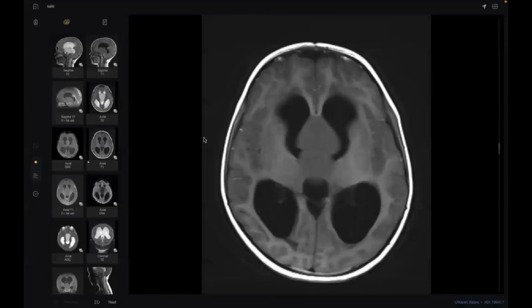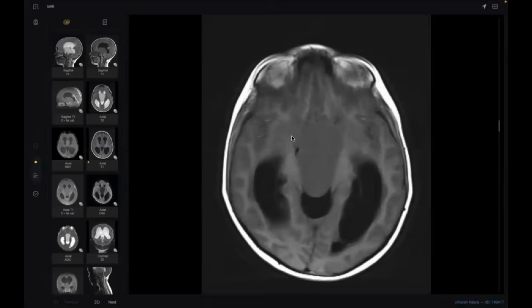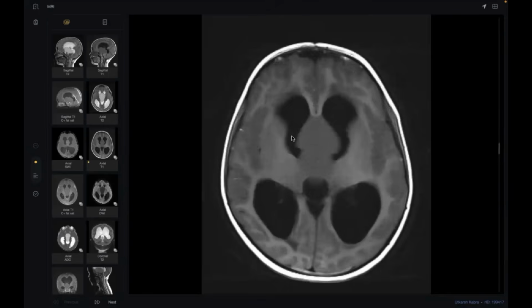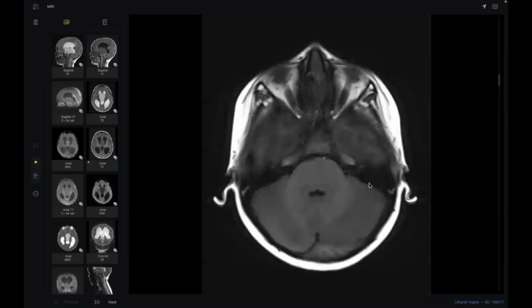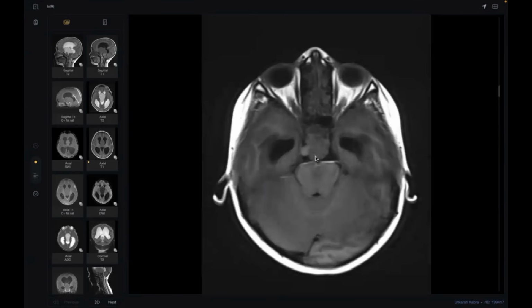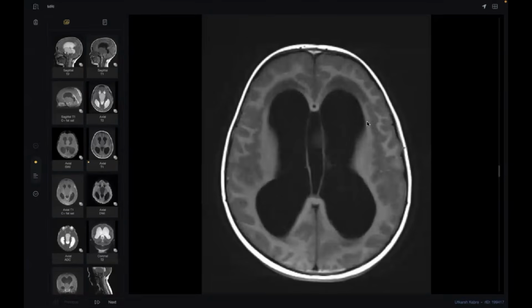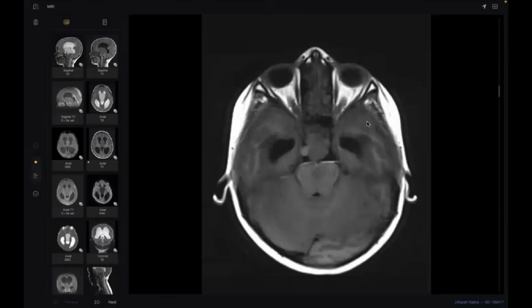Why is this cyst, despite you mentioning it is a cyst, on T1 isointense or hyperintense to the CSF? Why do you think?